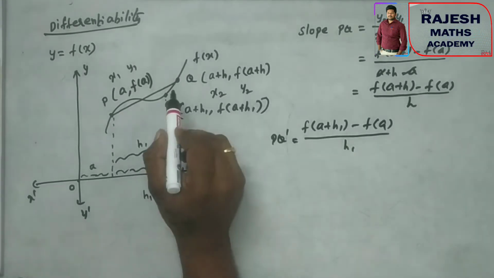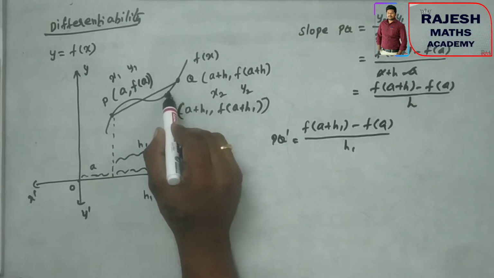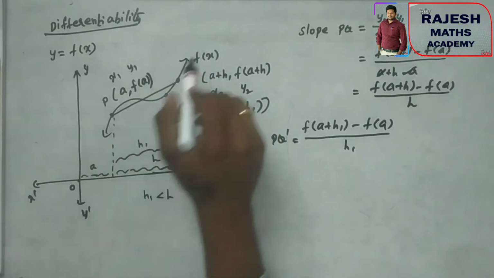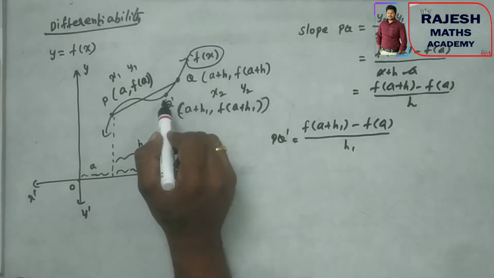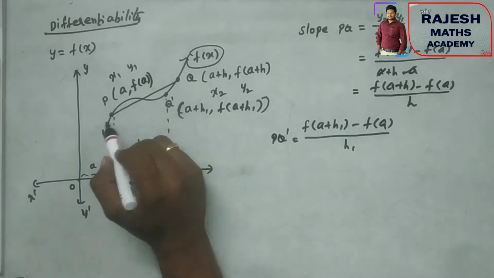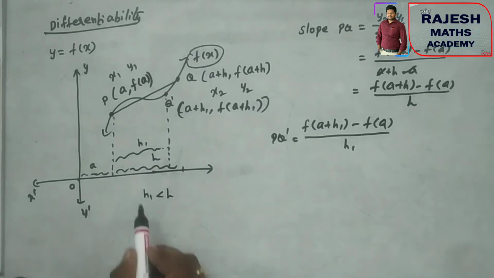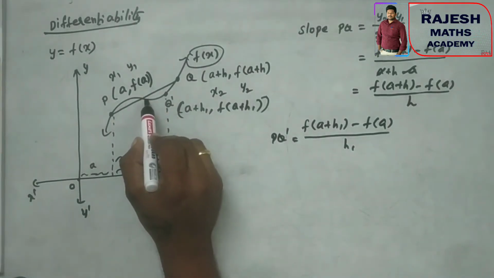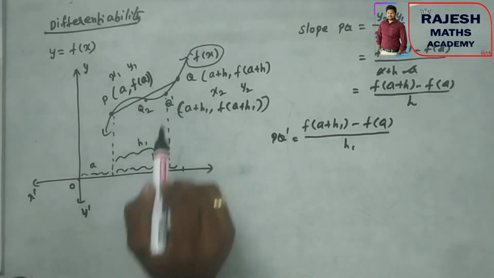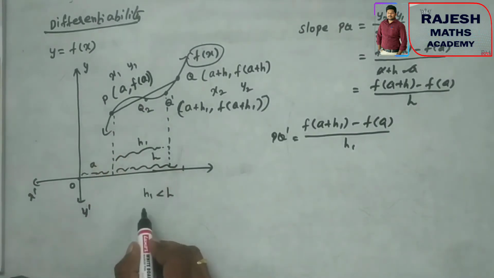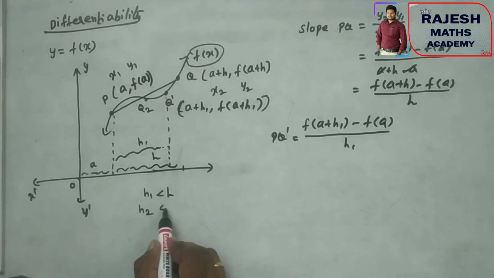Clear? Similarly, suppose I am taking a point Q. The point Q is traveling along the path of f of x, and the Q coordinate is very near to P, but not equal to P. In that case, what is happening? For example, I am taking a point here, Q2, so the distance between P and Q2 will be h2, which is very much less than the value of h.